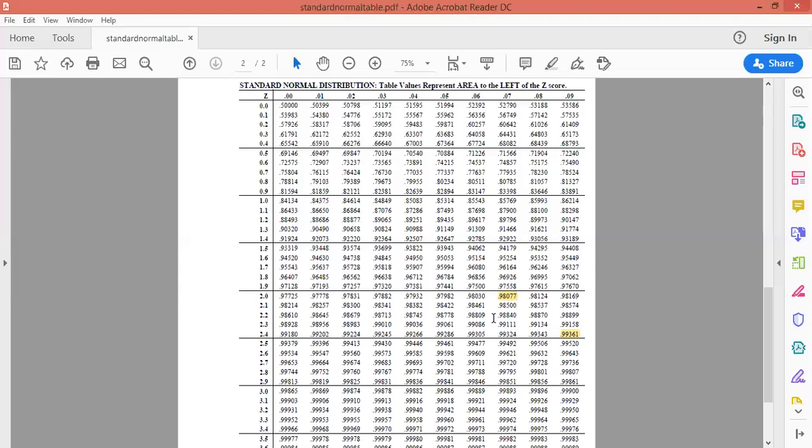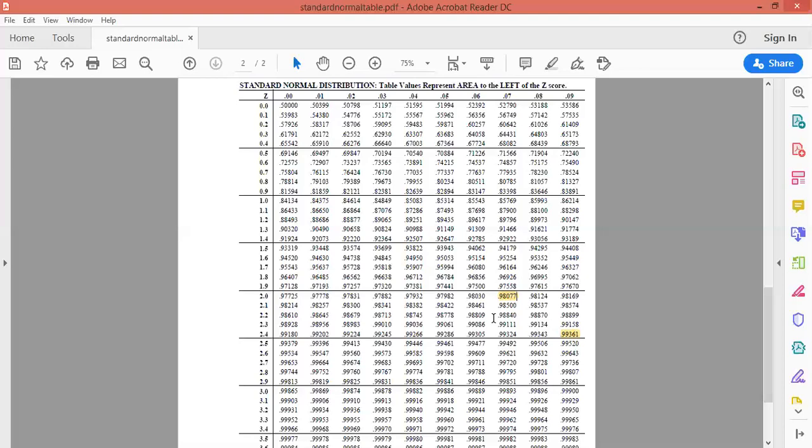Whatever single tail value is there, to that you add 0.5. So if you are referring to a single tail table for 2.49, the corresponding value you will get is 0.49361. To that, if you add 0.5, you will get 0.99361.